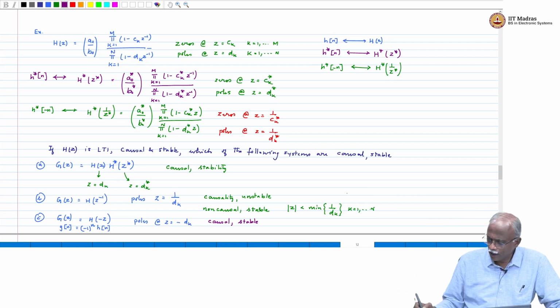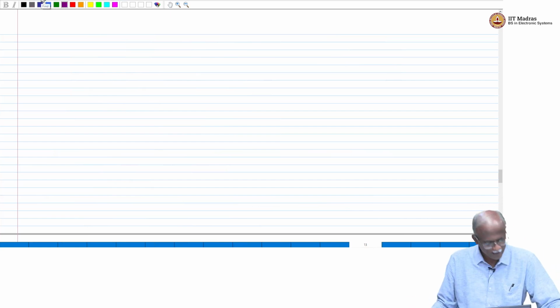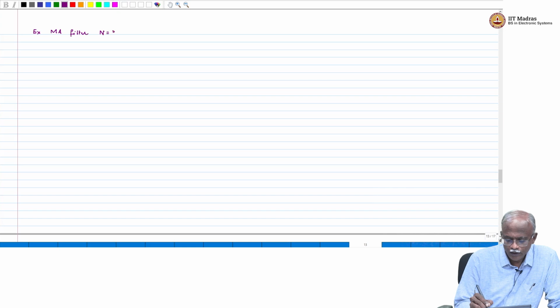All right. Now comes a very familiar example which we have seen multiple times. We're going to see it one more time. This is the moving average filter, with n equal to 8. If I were to ask you to write down the impulse response, this will be an impulse response which starts at time n equal to 0 and has 8 taps of equal height. It starts at 0, ends at 7.